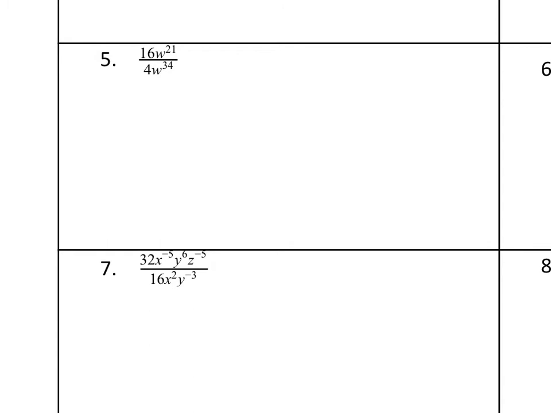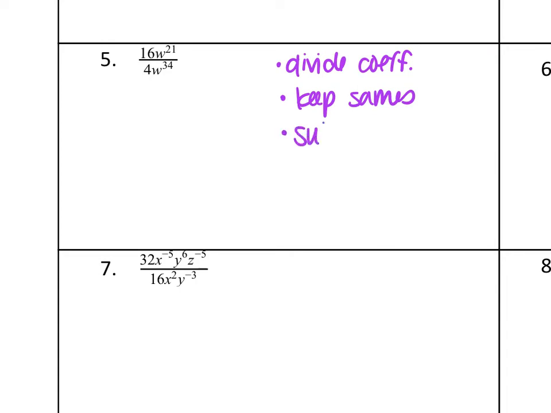All right, and now 5 is looking at the quotient property, or division. So you will divide the coefficients, or just the regular numbers there. Keep the same bases and subtract their exponents.